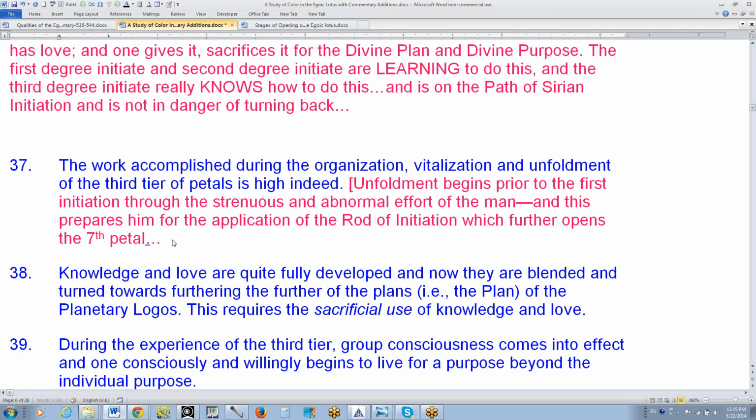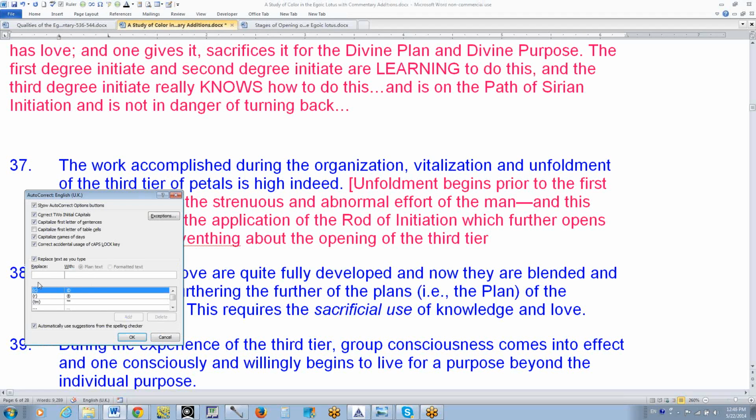Everything about the opening of the third tier, third ray, third tier. Maybe I'll put that in. TDT, third tier.